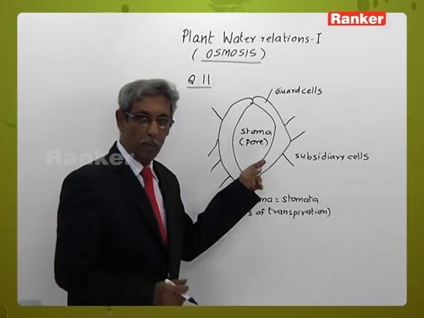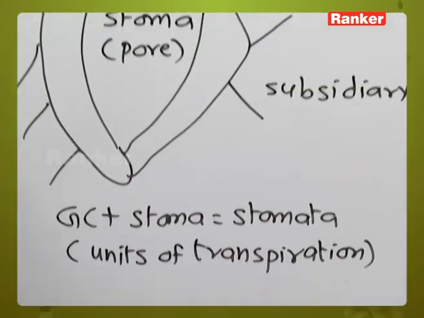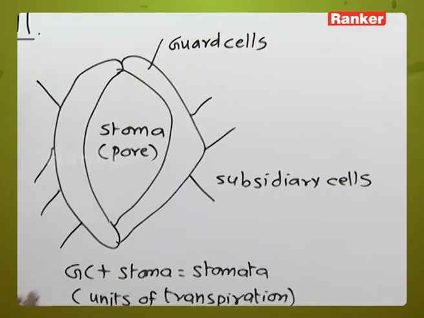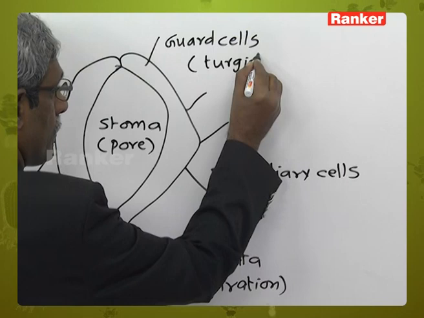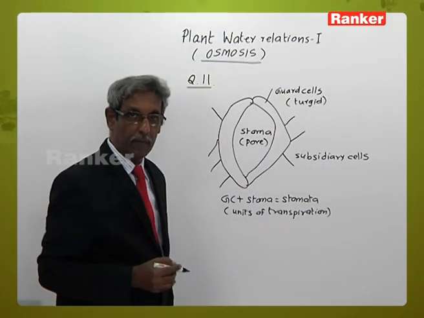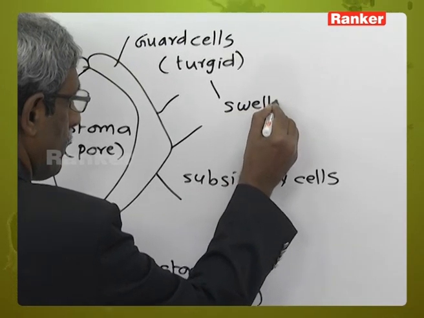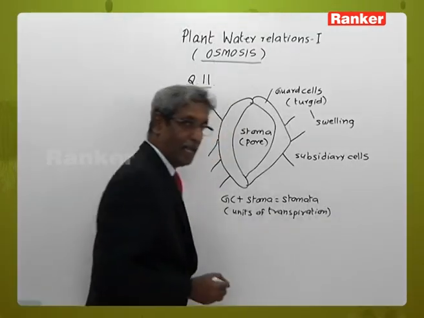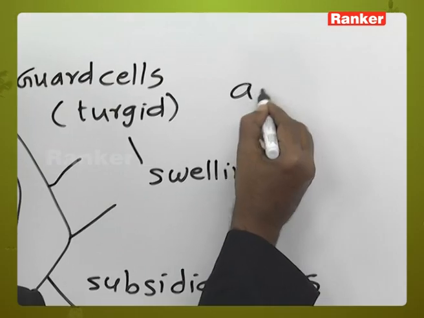Now, whenever the stoma or the pore opens, it opens due to swelling of the guard cells, that is, the guard cells become turgid. The turgidity of the guard cells is termed as swelling, and swelling is attributable to the accumulation of water.